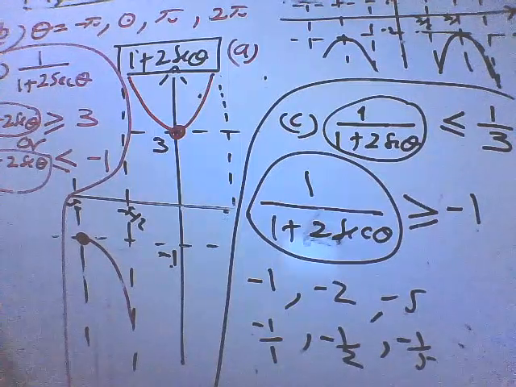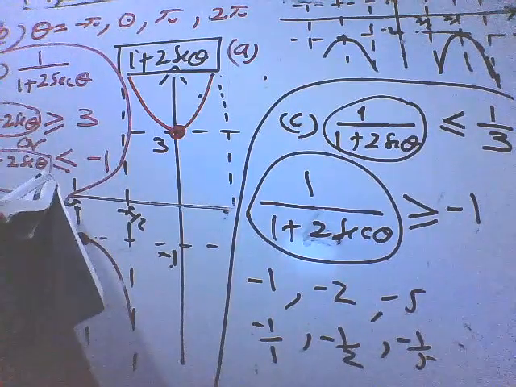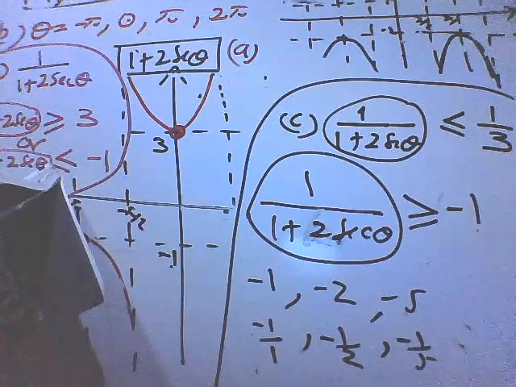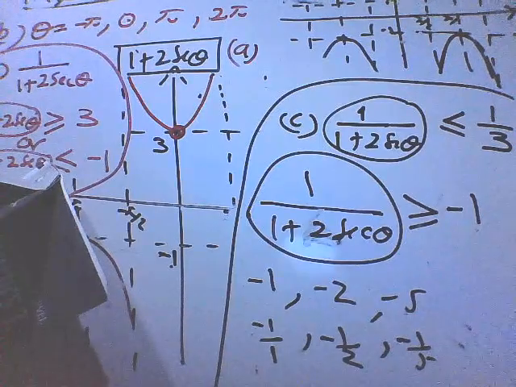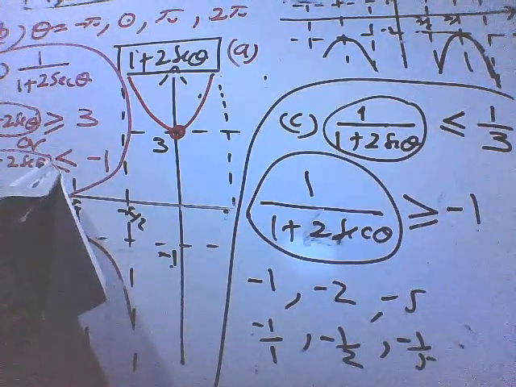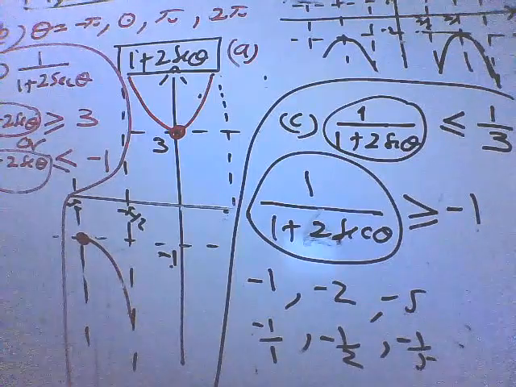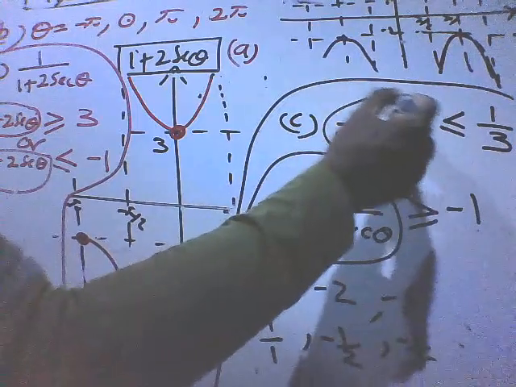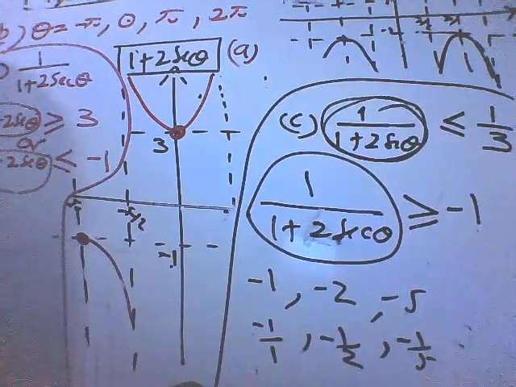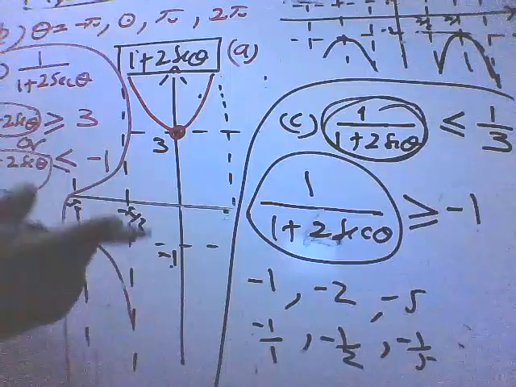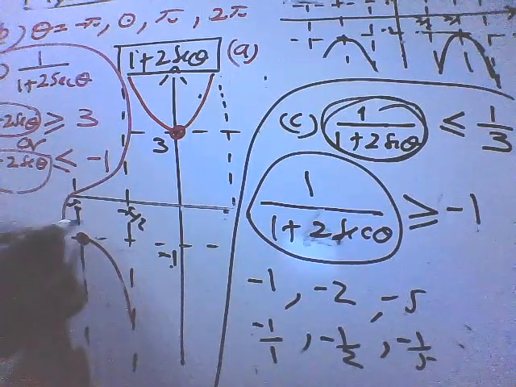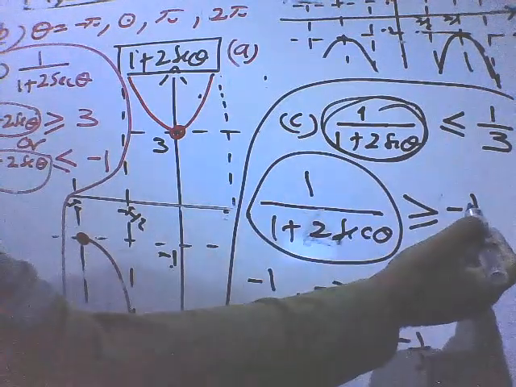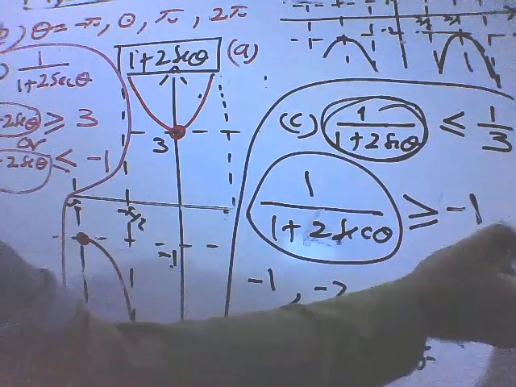So what they ask is, what are the places where you can have the smallest positive value of theta, the maximum and minimum value. So what would be the maximum of this? If you take pi, this is always greater than or equal to minus 1, so this is a minimum point.